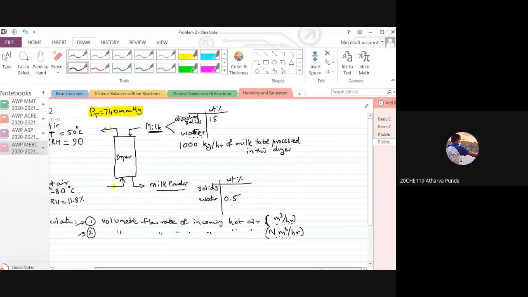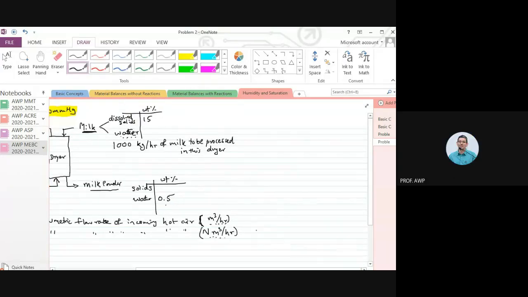The incoming is 2.83 meter cube per hour. Actual, not NMQ. Yes, meter cube per hour. This first one or second one? First one. 2.83.